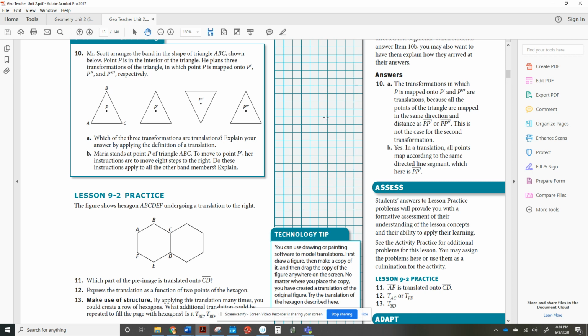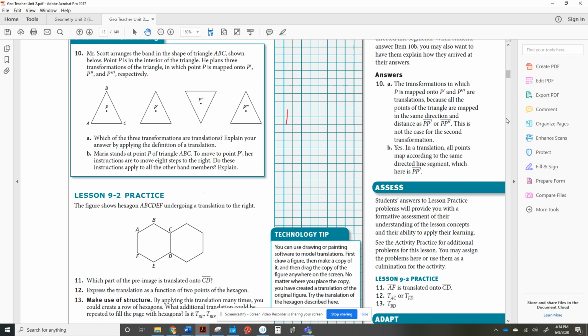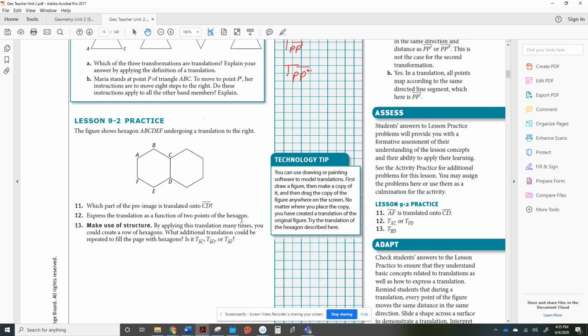You could use this: the translation of P to P prime is a translation, and the translation P to P prime prime prime. Okay, because those indicate a directed line segment.